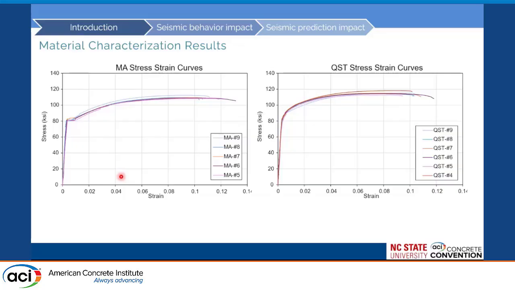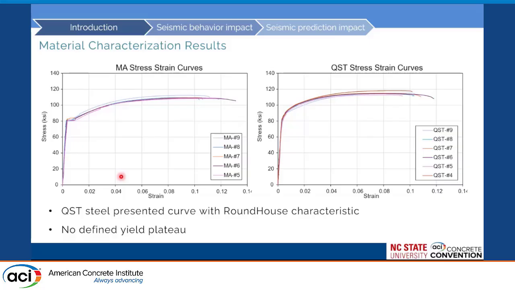I must note that this is not something that happens for every QST steel, but it happened for my specimens. As you can see, the QST steel here presented a roundhouse characteristic curve, represented by an undefined yield plateau and a continuous yielding curve until the point of failure.